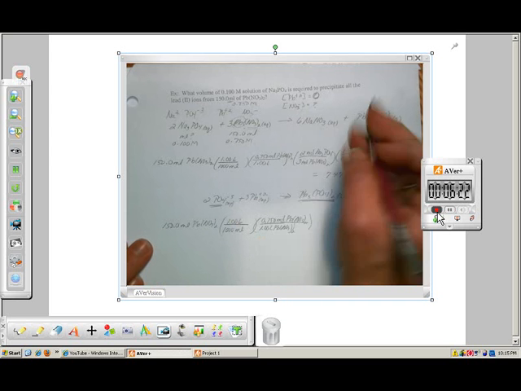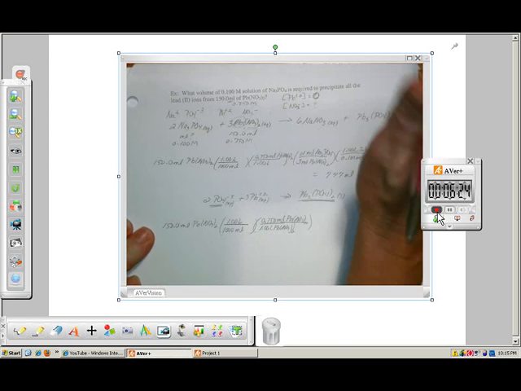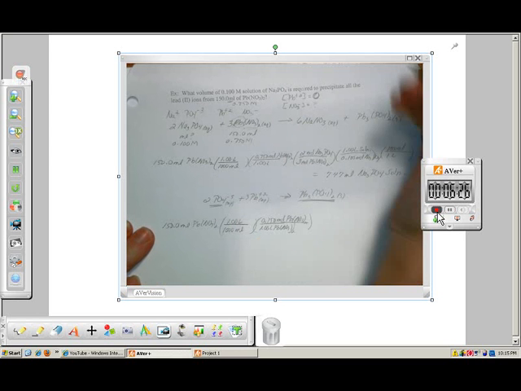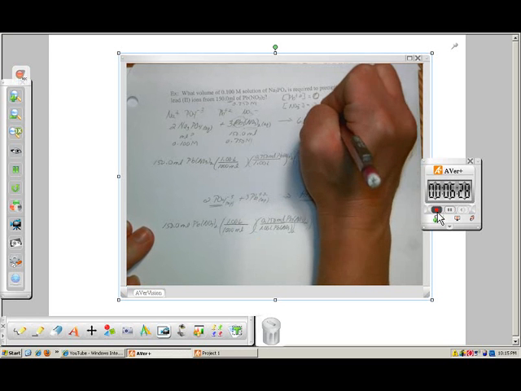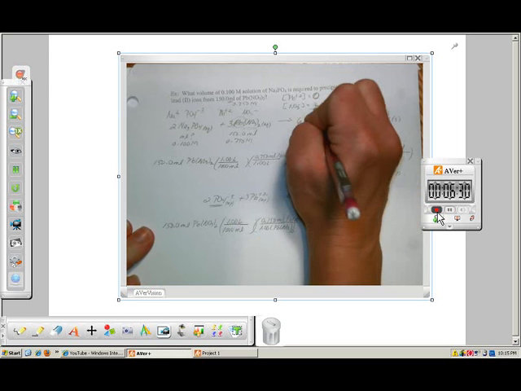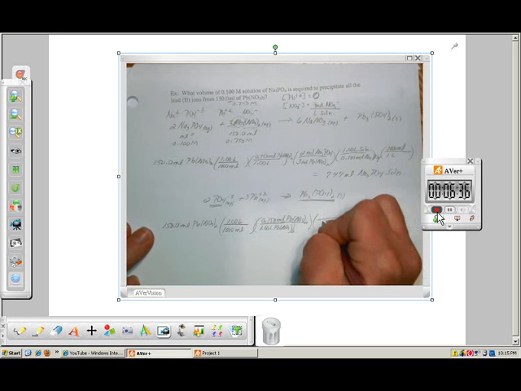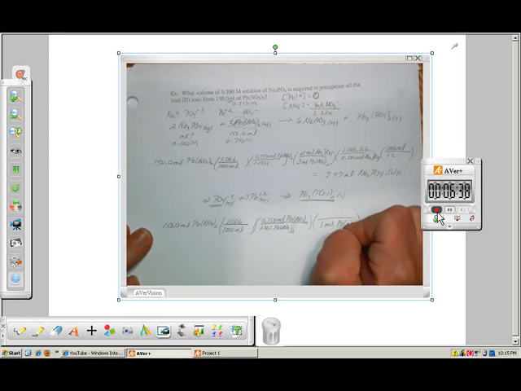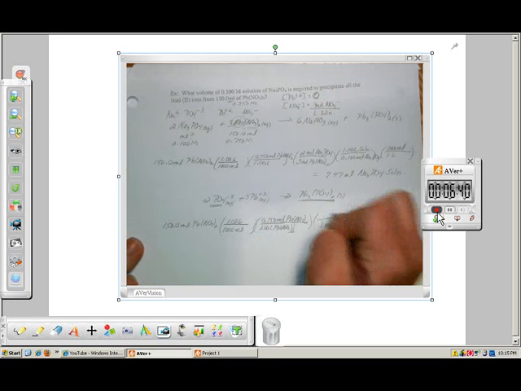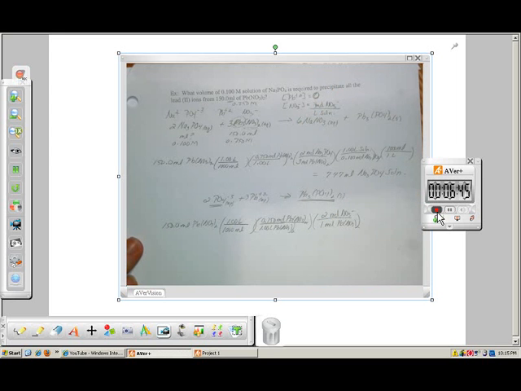Brackets mean molarity. So I need to know, as the reaction has proceeded, how many moles of nitrate I have in the entire volume of the solution. So for moles of lead 2 nitrate, I need to get to 2 moles of nitrate. I just interpret the formula.